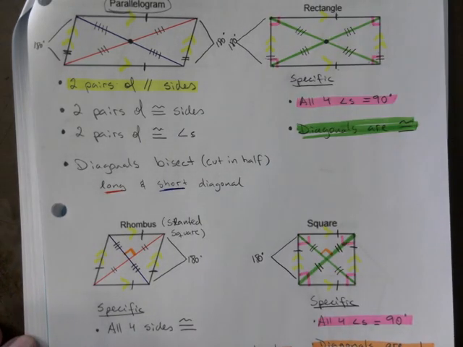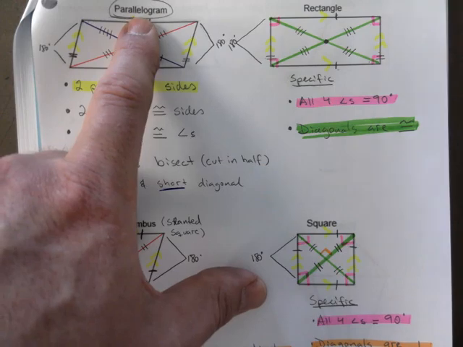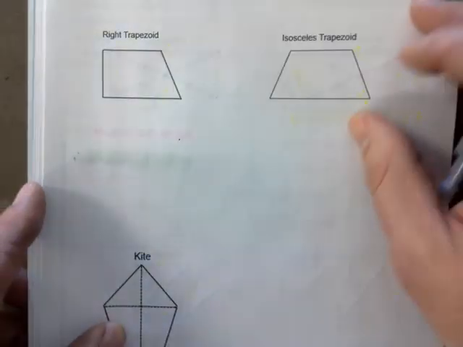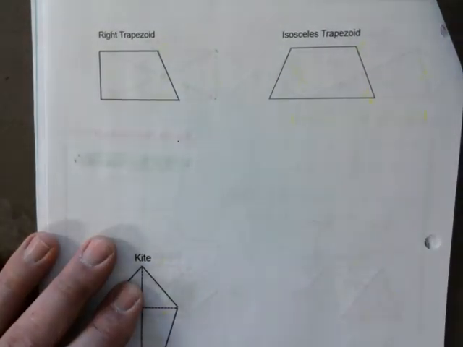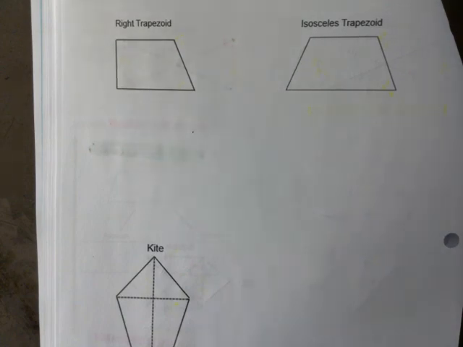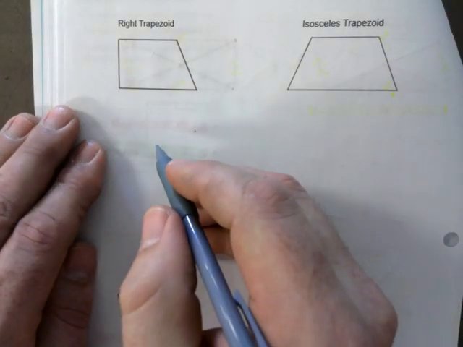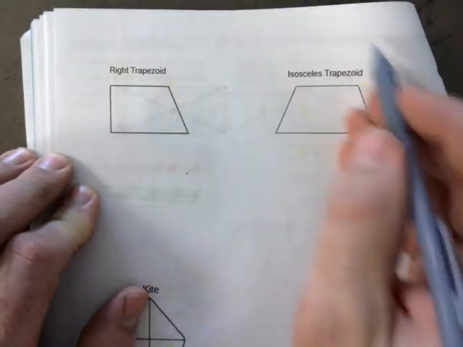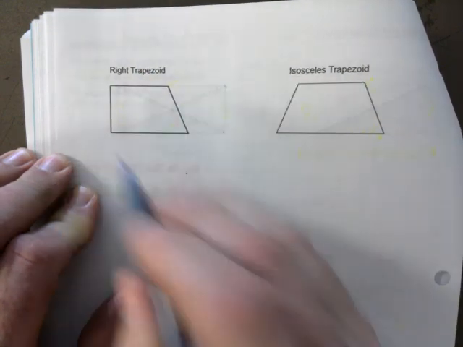Okay. Let's keep going, because this is just the parallelogram branch. The other ones are not as tricky. Trapezoid. So trapezoid is the umbrella here.